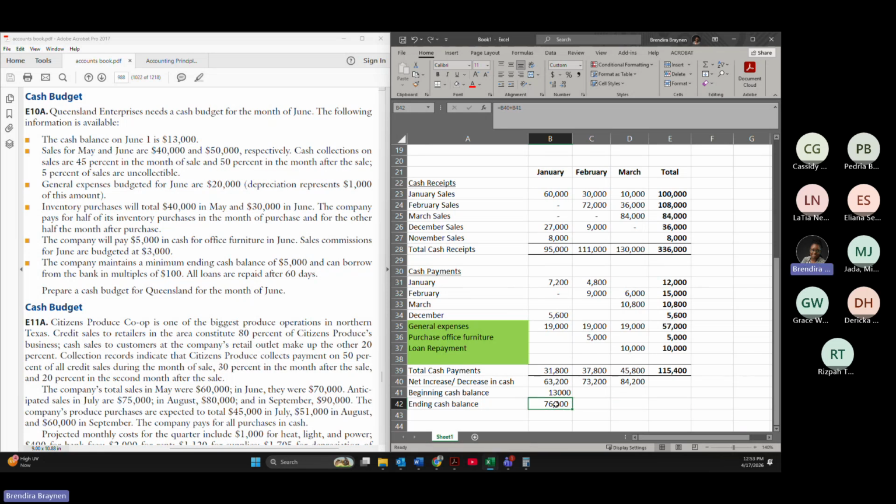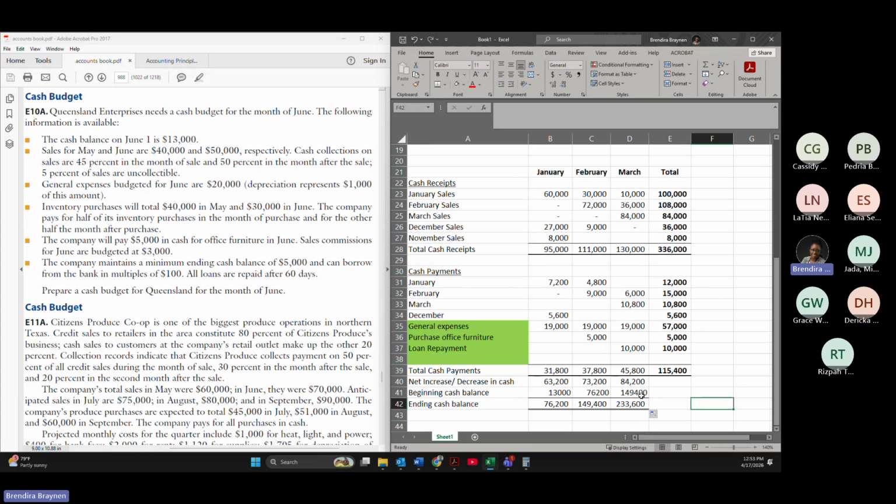And so if my ending is the ending for January, for February, that's the beginning as well. So 76,200. And then I total that up as well. I get a new balance of 149,400, which is the beginning of March. And when I add that in there, that gives me my ending balance for March.